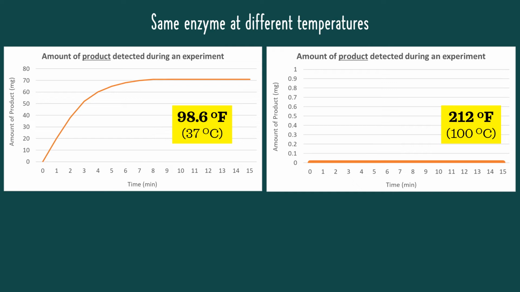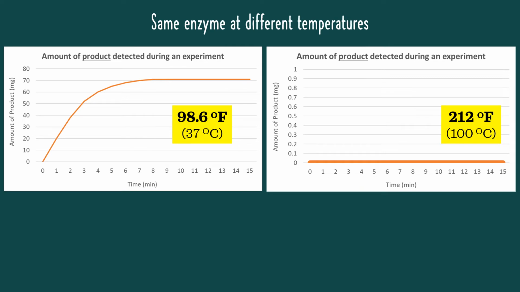Consider these graphs of experiments on the same enzyme at different temperature levels. The first graph on the left shows a normal functioning enzyme like we've seen before. This is at body temperature, 98.6 degrees Fahrenheit, which is about 37 degrees Celsius.